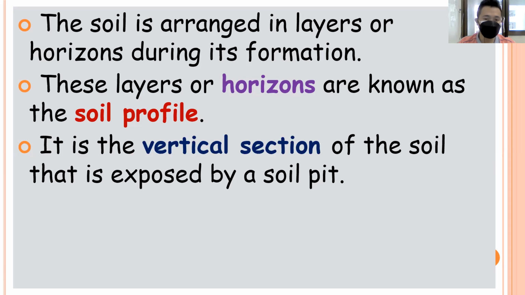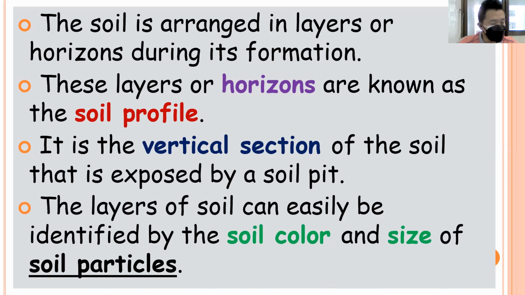So it is the vertical section of the soil that is exposed by a soil pit. So the layers of soil can easily be identified by the color and size of soil particles. Yes, we can identify them not only by the soil color, but also we can identify the sizes of its soil particles.